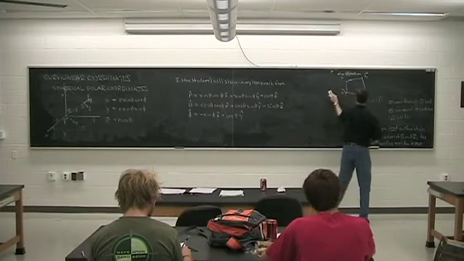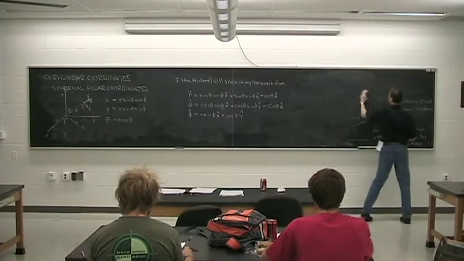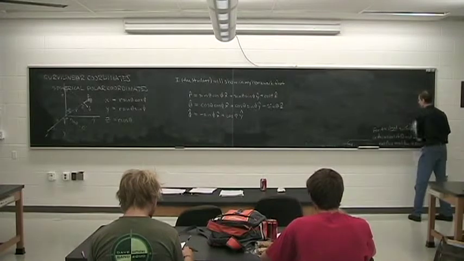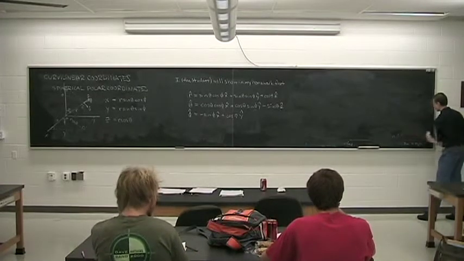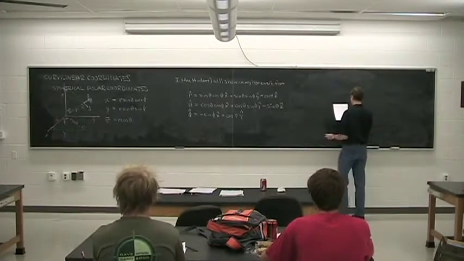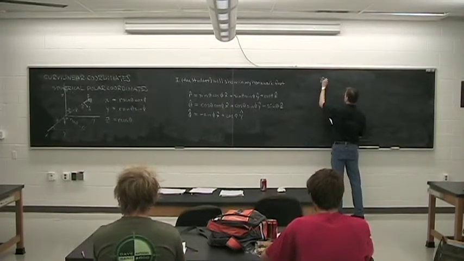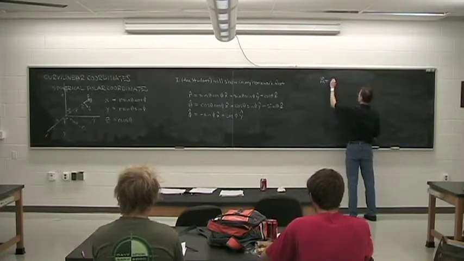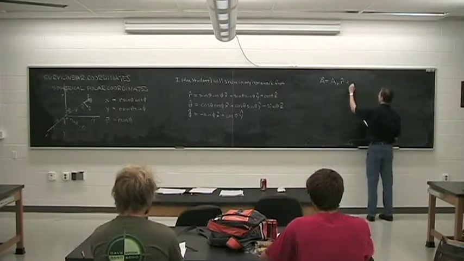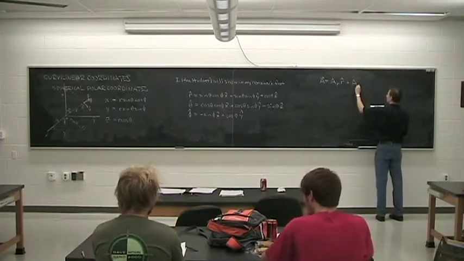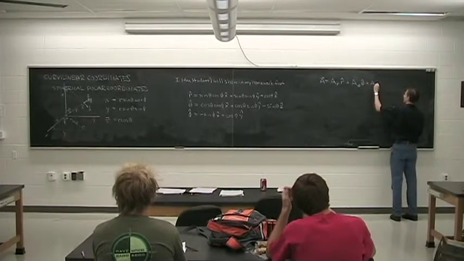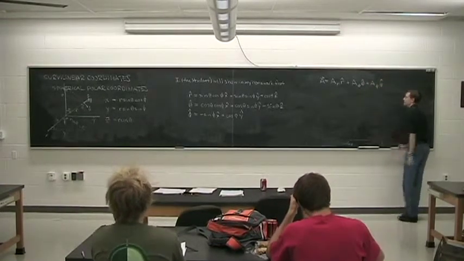Now, just like in Cartesian coordinates, we can express any vector as a sum of three components along the three unit vectors. And so we can say that any vector A is equal to A sub r times r hat plus A sub theta times theta hat plus A sub phi times phi hat.